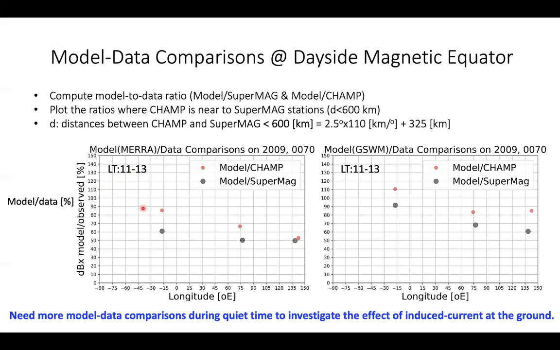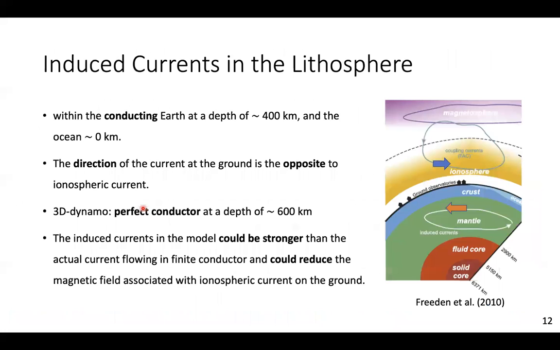And there's only 3 points for the MERA and the GS11 case, but using this approach, we can compare the model data comparison during the quiet time and investigate the effect of the induced current at the ground.